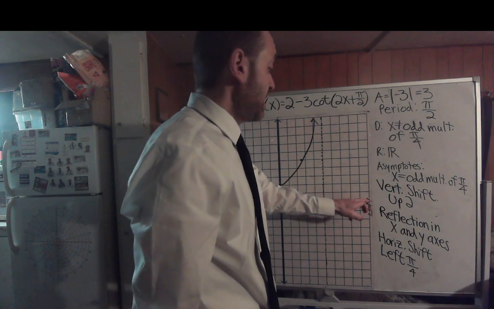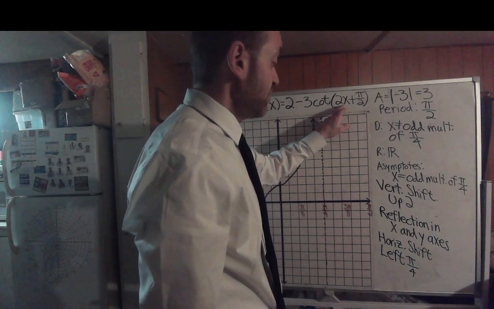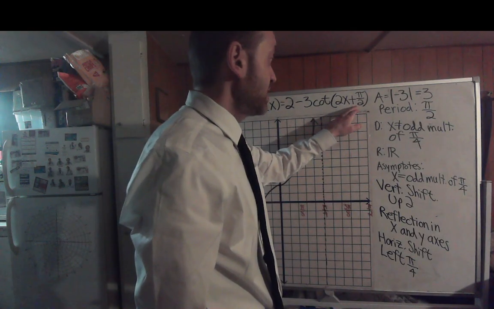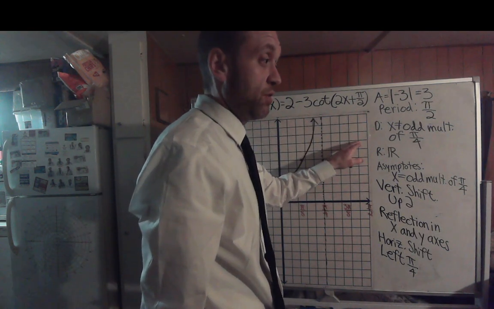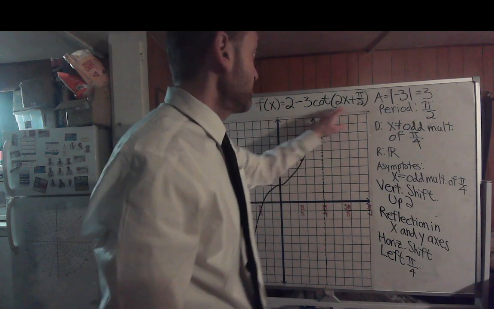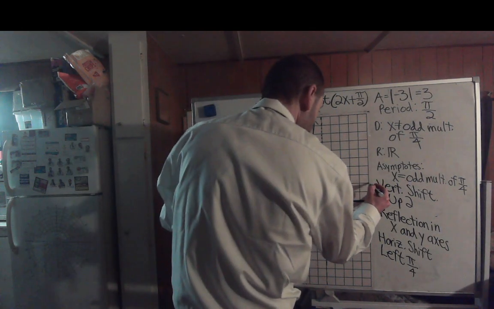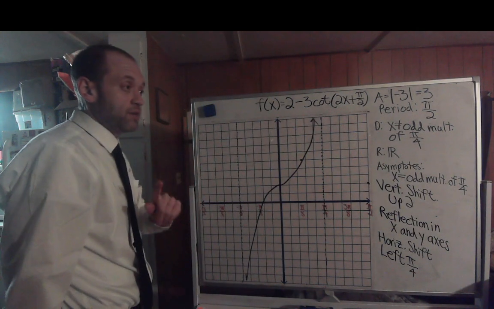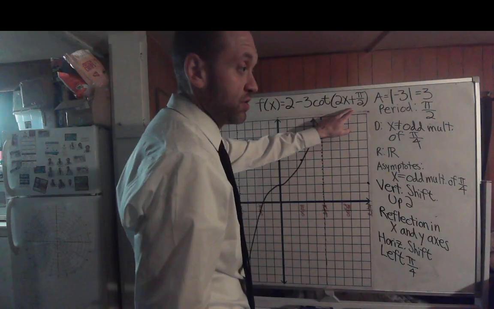Let's say I put in pi over 2, that would give me pi plus pi over 2. That's going to give me the cotangent of 3 pi over 2, which is 0 plus 2 is 2. If I put in 3 pi over 8, that would give me the cotangent of 3 pi over 4 plus pi over 2.